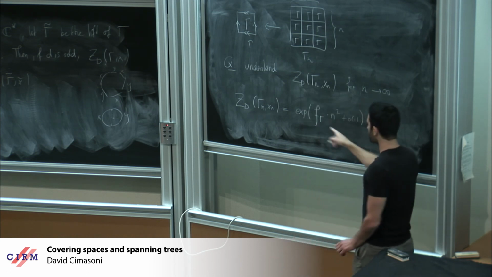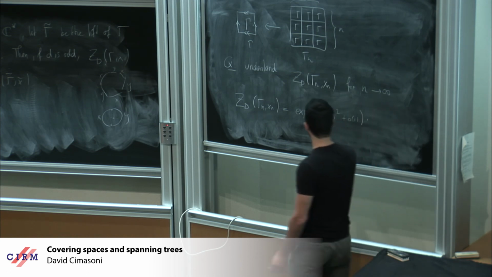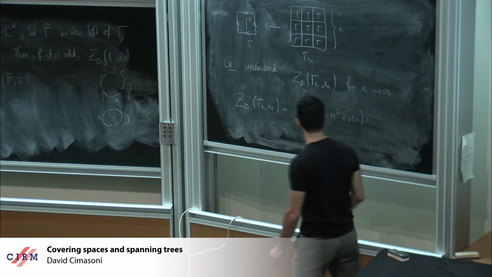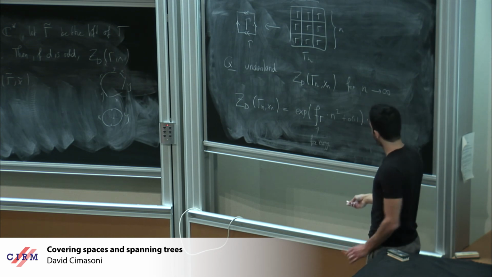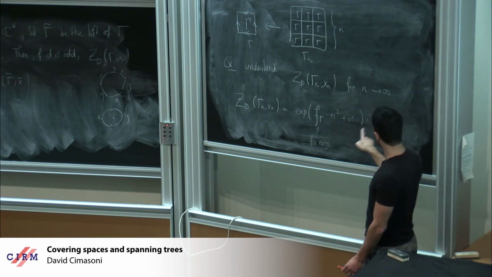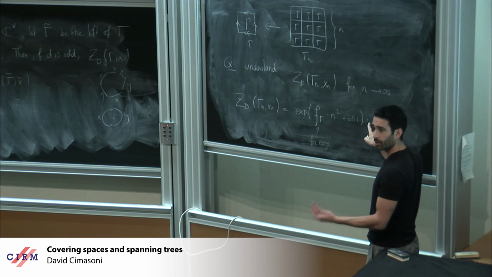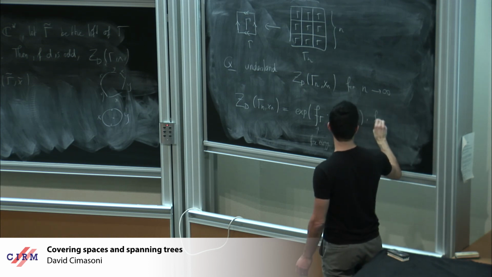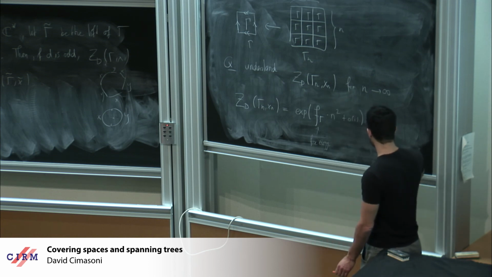This is not difficult to prove, and this thing is called the free energy of the model. It depends on the graph. But what is interesting is that sometimes, that is when the model is critical, you have some other terms that appear, called finite size corrections. And what happens is that this is universal.